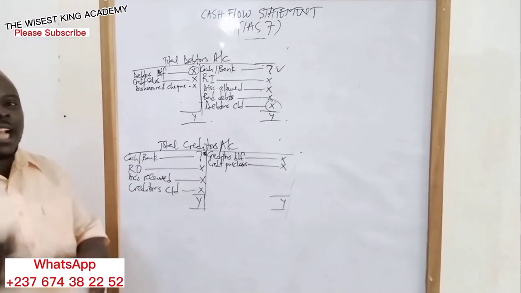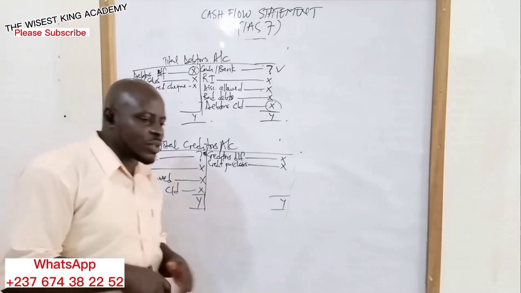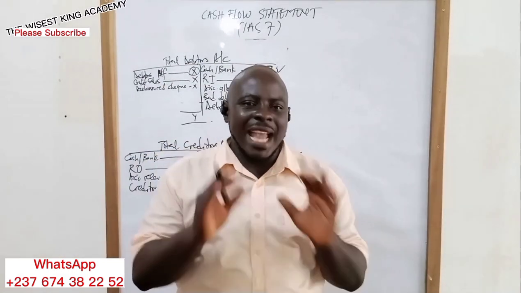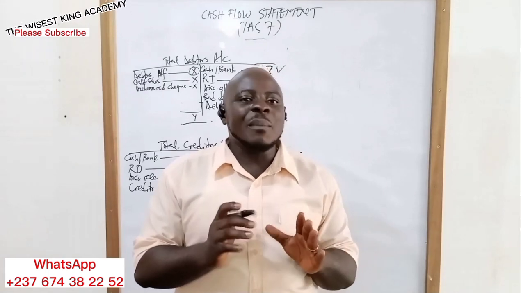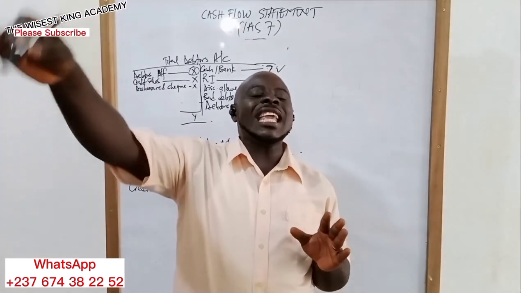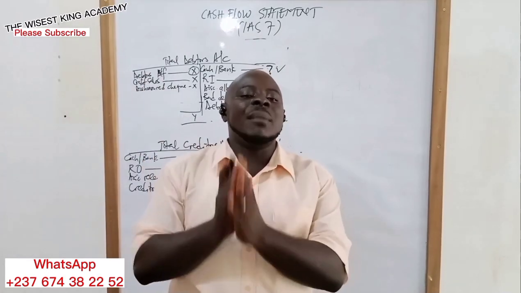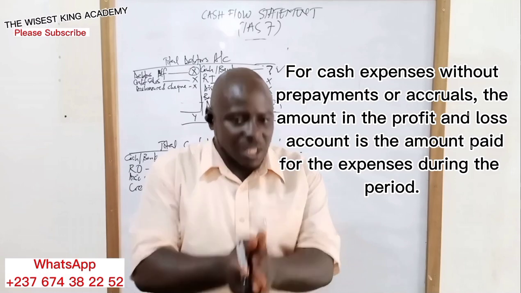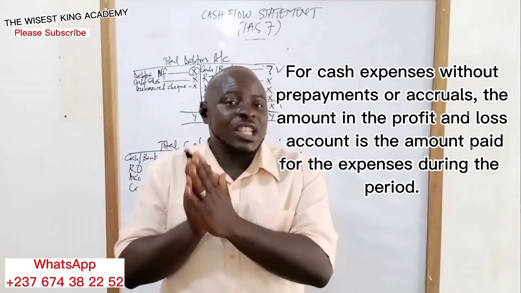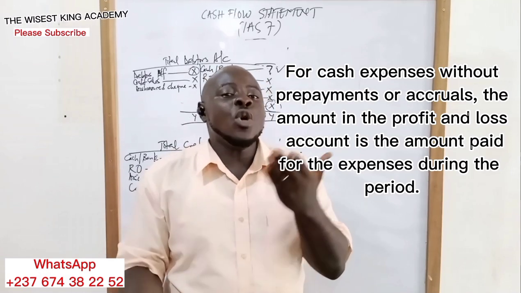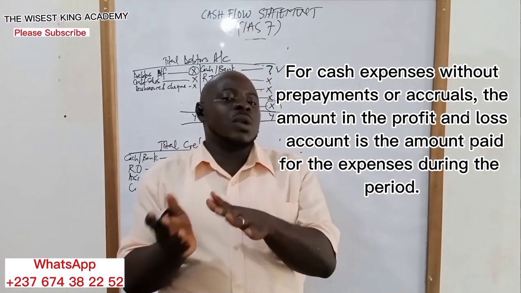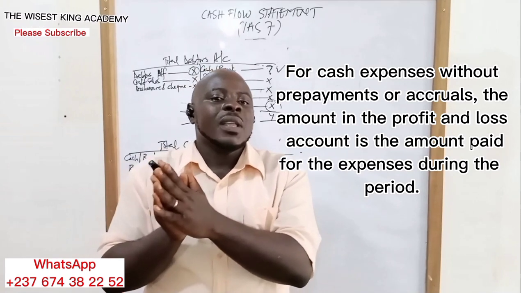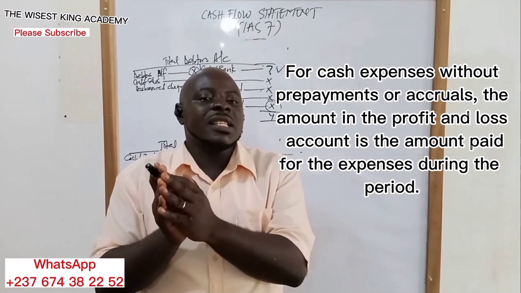Now, in the case of cash expenses and cash incomes, notice if there were no prepayments and accruals for any cash expense, it therefore means that the amount in the income statement was actually the amount paid for that expense. If it is a cash expense and there were no prepayments or accruals on that expense, then it obviously means that expense was paid in cash.